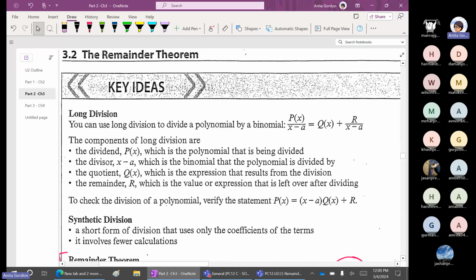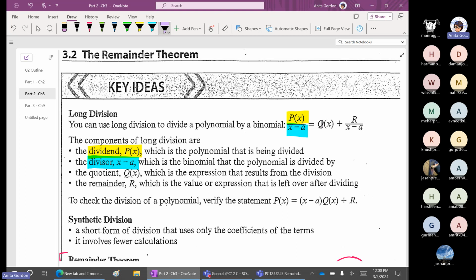When we use long division, we use p of x to represent the dividend. So the polynomial that we start with, p of x, is our dividend. We divide it by a binomial that we're going to call a divisor.